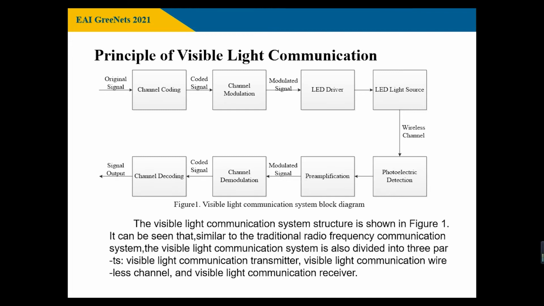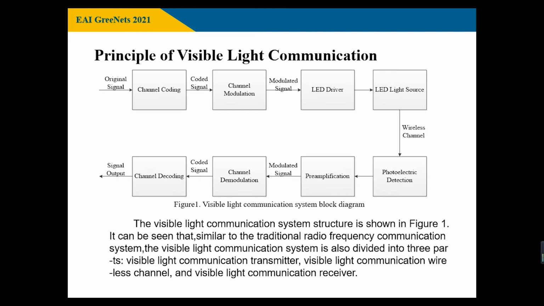It can be seen that, similar to traditional radio frequency communication systems, the visible light communication system is also divided into three parts: visible light communication transmitter, visible light communication wireless channel, and visible light communication receiver. The specific functions of each part are as follows.